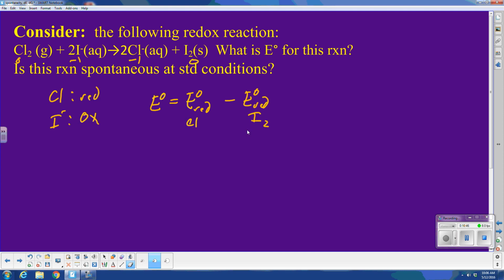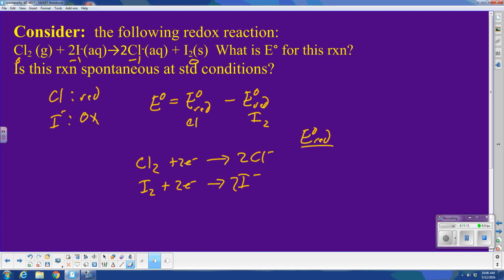So I have my chlorine plus 2 electrons going to 2 chlorides, and that will have a standard reduction potential. And then I have my iodine plus 2 electrons going to 2 iodides, right?